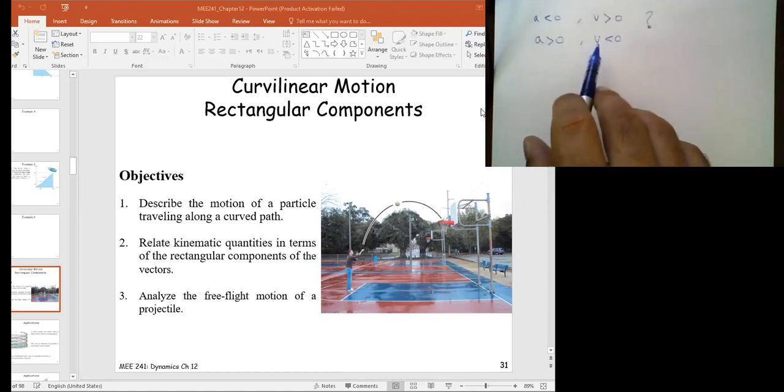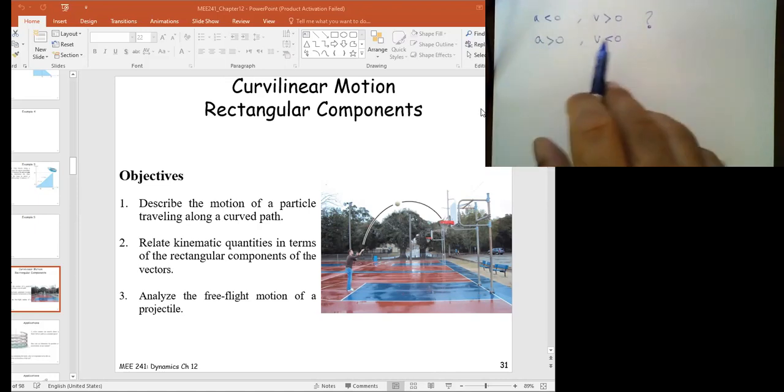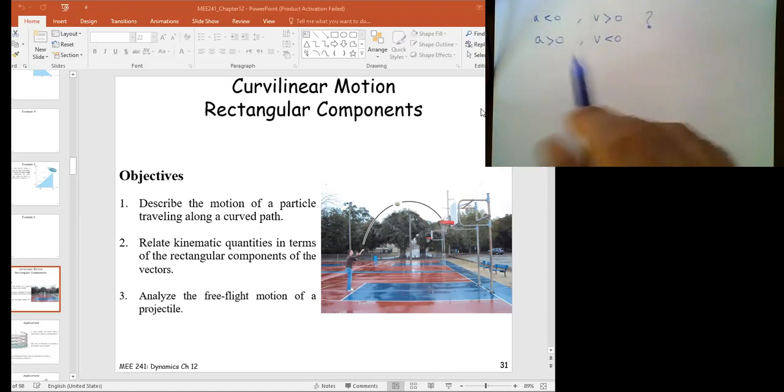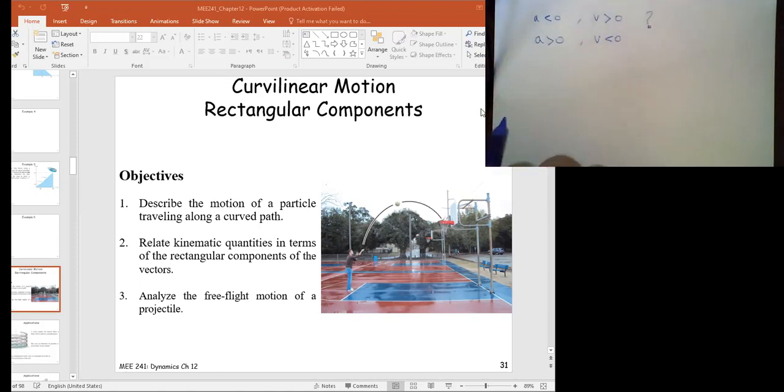Is that possible? Yes, of course. Because the acceleration is positive, meaning the velocity is increasing, but the velocity could be -20 and then increasing: -20, -19, etc. You could think of it as a car going backward, but you're accelerating. Okay, very good.